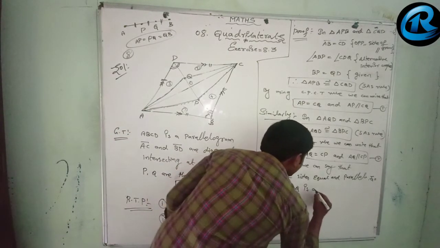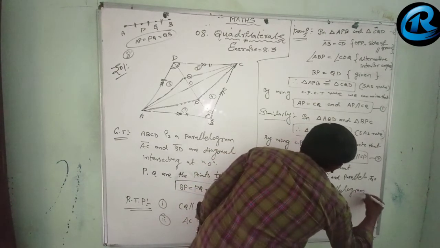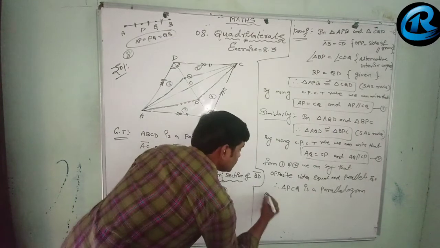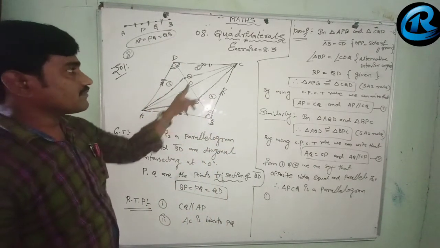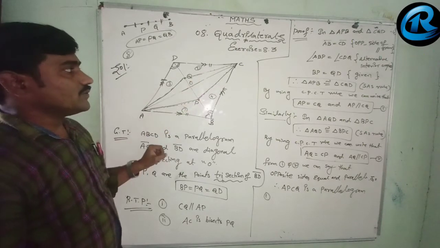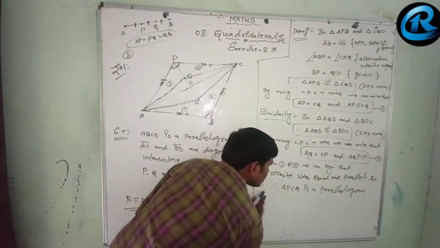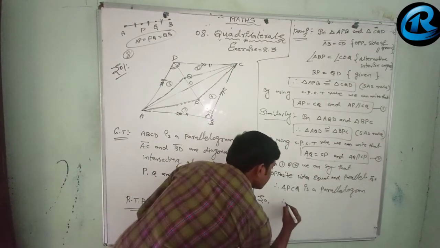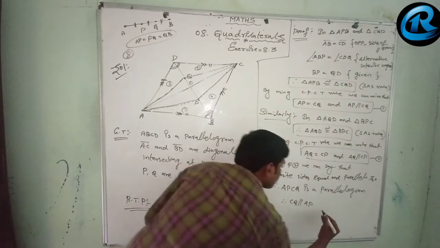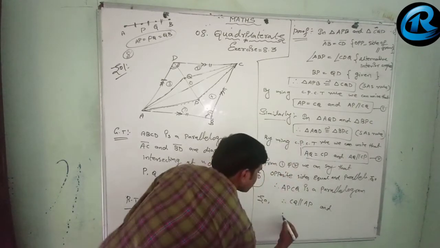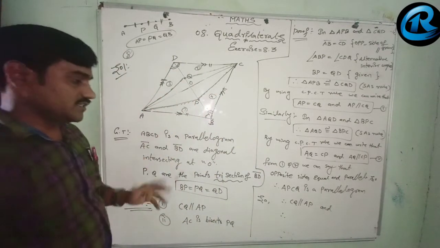If APCQ is a parallelogram, then here CQ is parallel to AB. Therefore CQ is parallel to AB, and you can also write, therefore, the diagonals of a parallelogram will bisect each other.